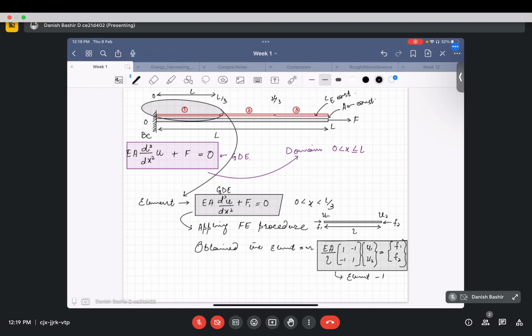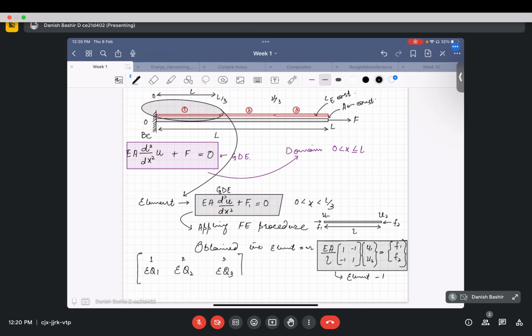If I combine the equations of all these elements, equation 1, equation 2 and equation 3 of the three elements, this is for element 1, this is for element 2, this is for element 3, I will get a set of equations.